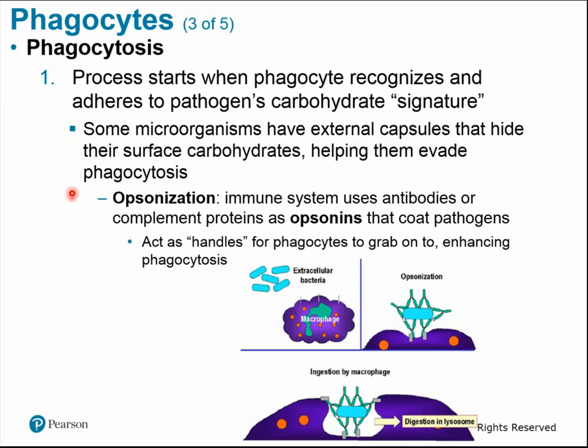So the immune system uses a process called opsonization, where antibodies or certain proteins are going to coat the pathogens. Right? Think of it as they act as handles for the phagocyte to grab onto. I like to think of it as we're basting the bacteria to make them more palatable for the phagocyte. So it's going to make the bacteria easier to eat for that cell.